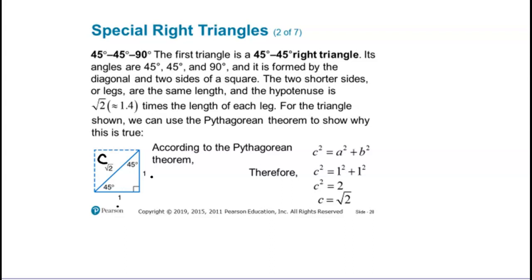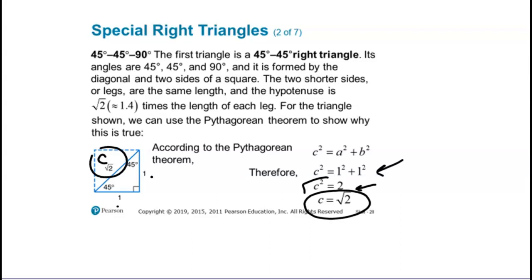I know they've already given you the answer there, the square root of 2, but for the sake of argument, let's figure this out from scratch using the Pythagorean theorem. 1 squared plus 1 squared is 2. We still have to find the square root because we need to get C by itself. When we do that, we get C equals the square root of 2, which is what the hypotenuse is over here. Just remember that that's really not that big of a deal.